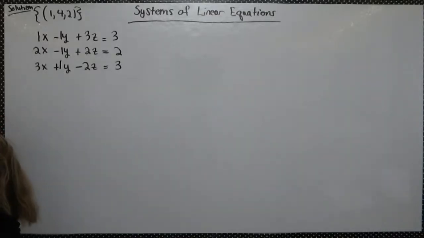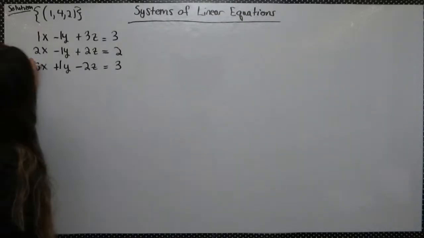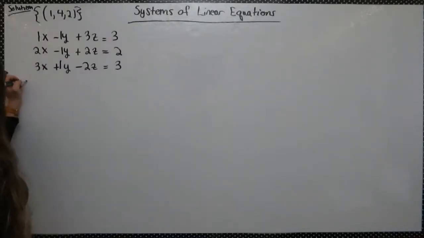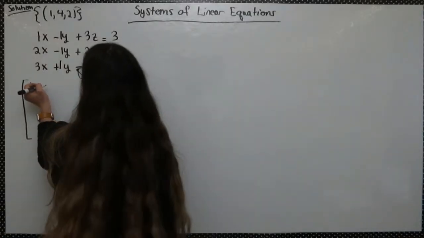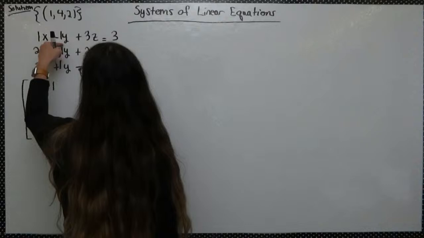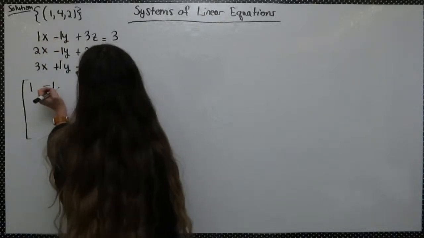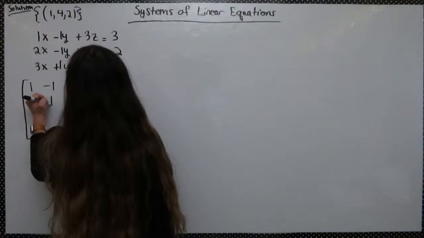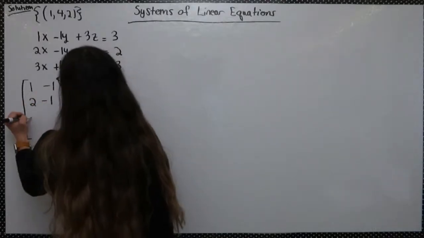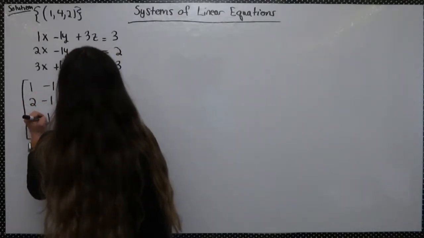So we're going to start by taking this matrix and splitting it up into its coefficients. So this is a matrix of coefficients. We've got 1, -1. I'm just listing the coefficients of my variables here. 3, 2, -1, 2, and we've got 3, 1, -2.